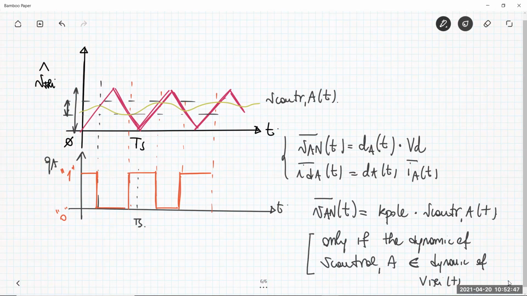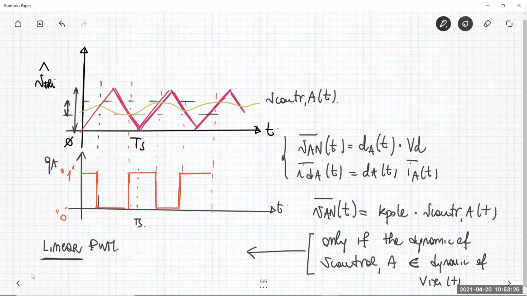This situation that I illustrated twice, once for the constant control voltage and now here for this variable control voltage, is what is called the linear pulse width modulator. When you see linear pulse width modulator, it means that you always exploit the possibility to compare your control voltage with the triangular voltage. And this can only be possible if the dynamic of the control voltage is included in the dynamic of the triangular wave. So this is what is called the linear.